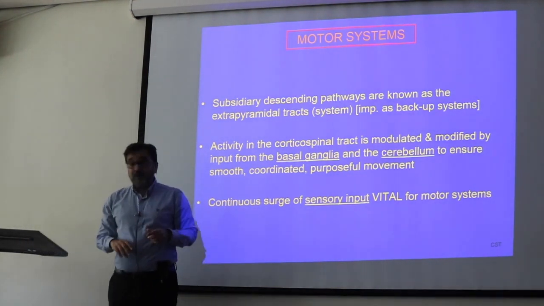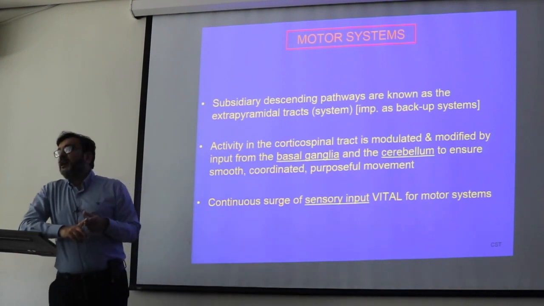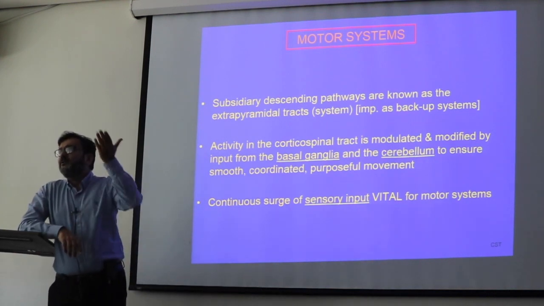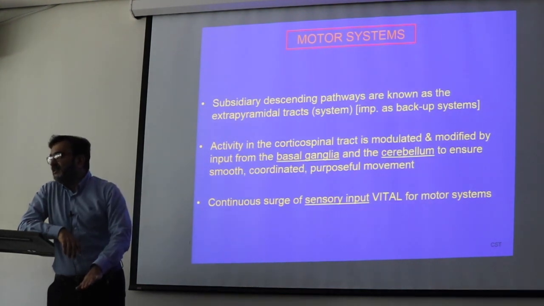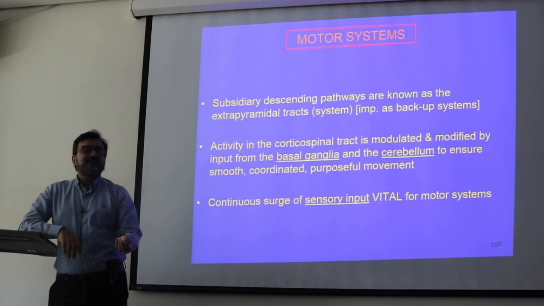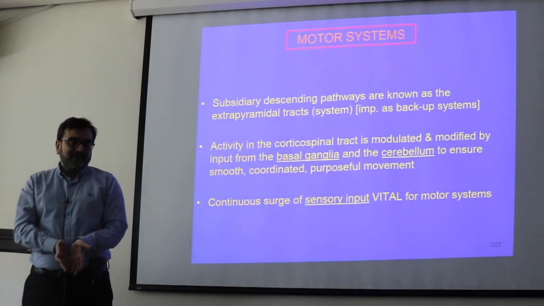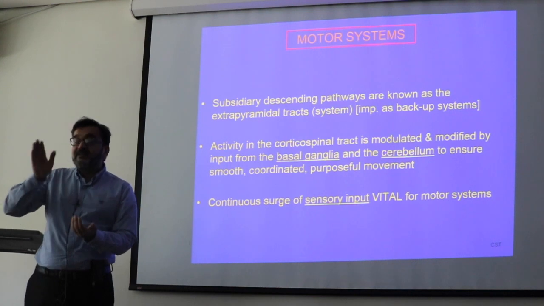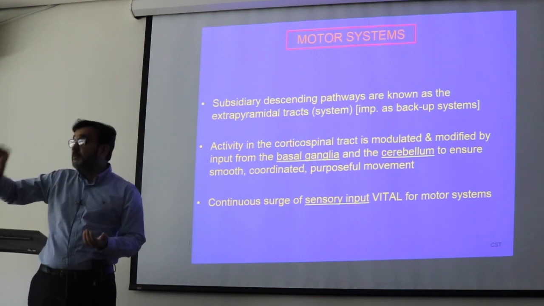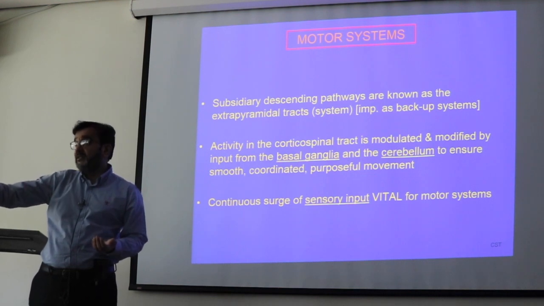Now, if there is a problem with the basal ganglia, then what would happen? Either this inhibitory discharge will increase or it will decrease. If the inhibitory discharge increases, it would be very difficult to start any movement, like what happens in Parkinsonism.